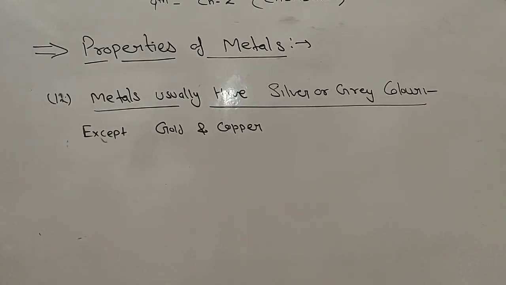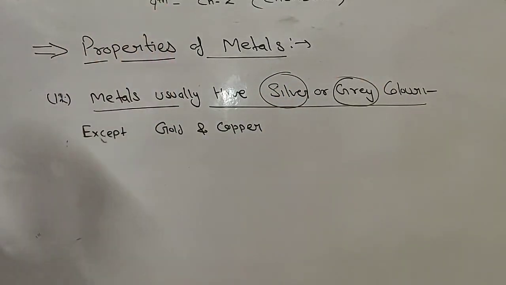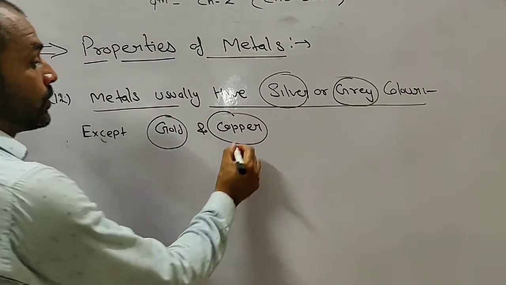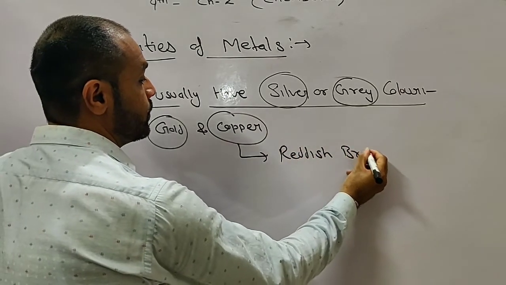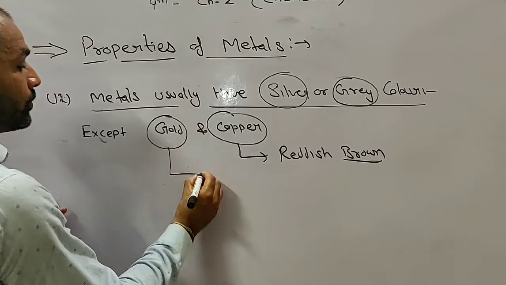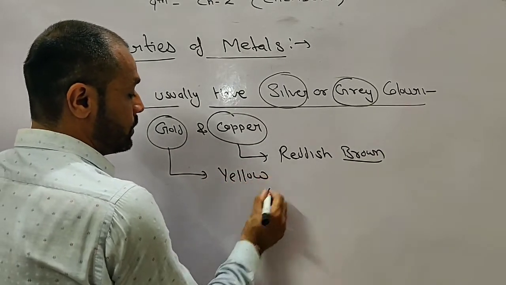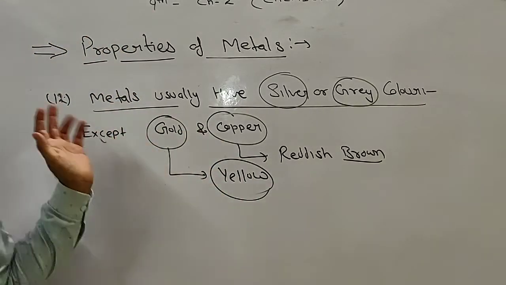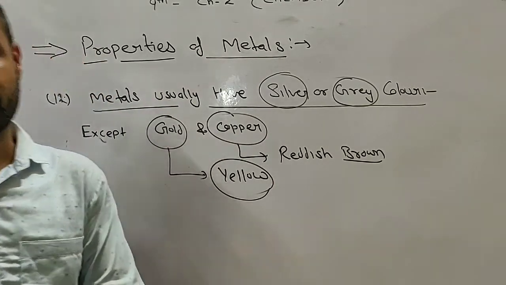So this is the general property of metals, like mostly metals are silver or gray color, except gold and copper, because copper is of a reddish brown color, and we know about gold. Gold has a yellow color. So apart from gold and copper, mostly metals have a silver or gray color.